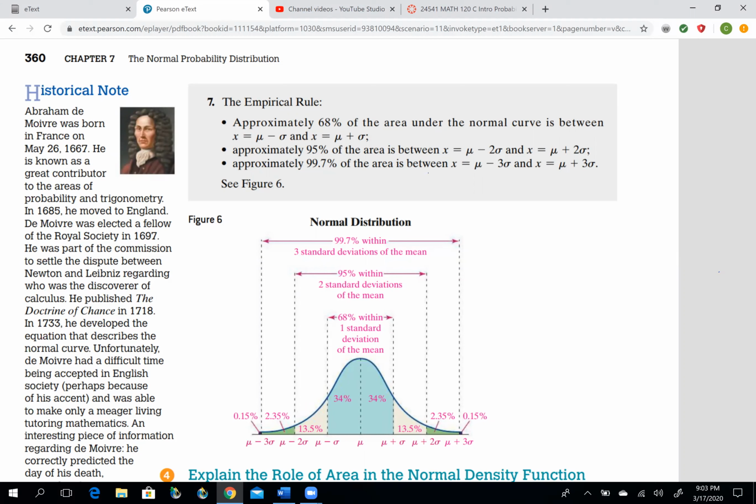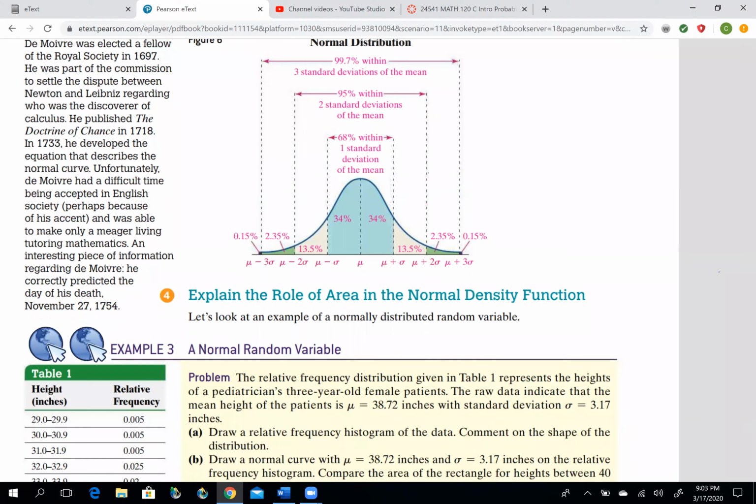Approximately 95% of the area is between mu minus 2 standard deviations and mu plus 2 standard deviations. And finally, 99.7% of the area is between mu minus 3 standard deviations and mu plus 3 standard deviations.